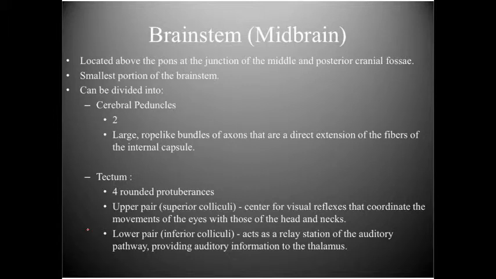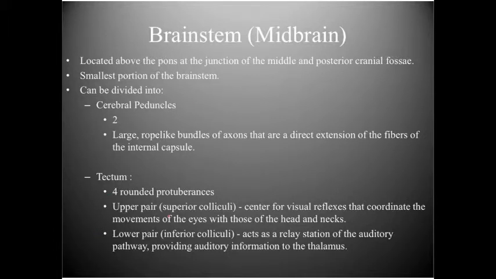Located above the pons at the junction of the middle and posterior cranial fossa, the smallest portion of the brainstem is the midbrain. It can be divided into cerebral peduncles. There are 2 of those, which are large rope-like bundles of axons that are a direct extension of the fibers of the internal capsule. The tectum has 4 rounded protuberances. The upper pair, or the superior colliculi, are a center for visual reflexes that coordinate the movements of the eyes with those of the head and neck.